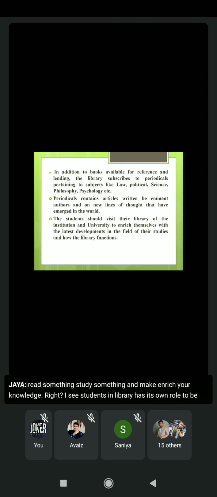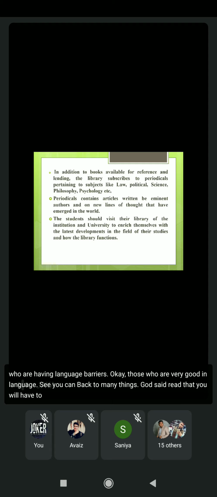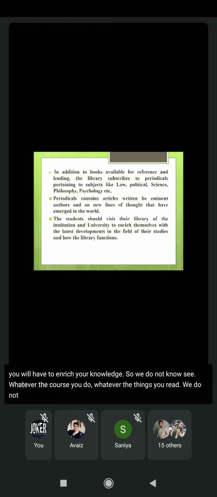It is very important that you make a habit. See, generally I'm telling all the students, it is your duty. Those who are very good in language, you can achieve many things. Go sit, read, and enrich your knowledge. We do not know, whatever the course you do, whatever the things you read, when it will be useful.